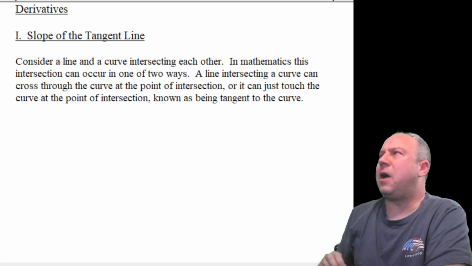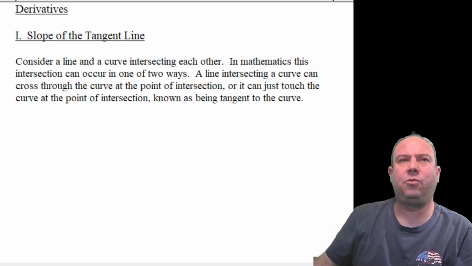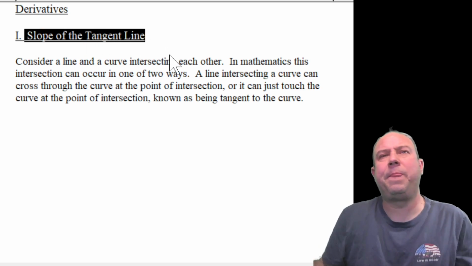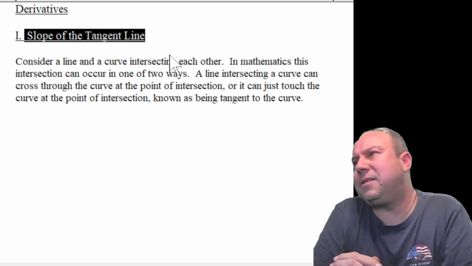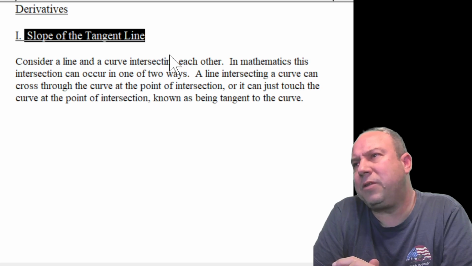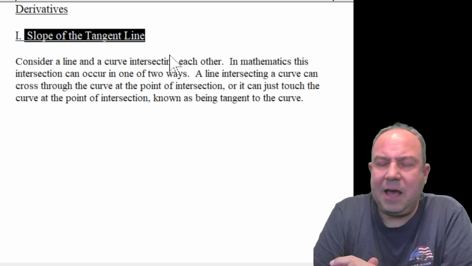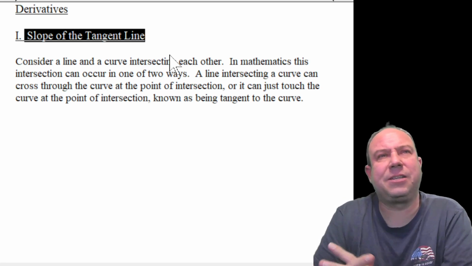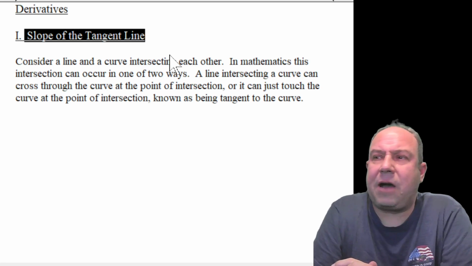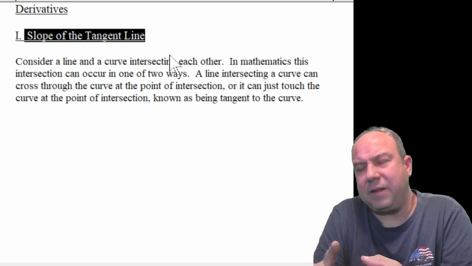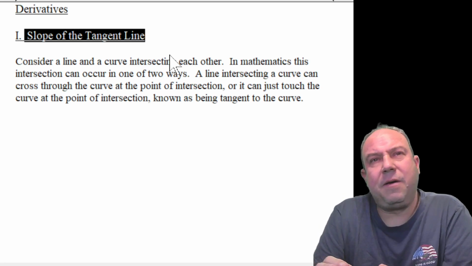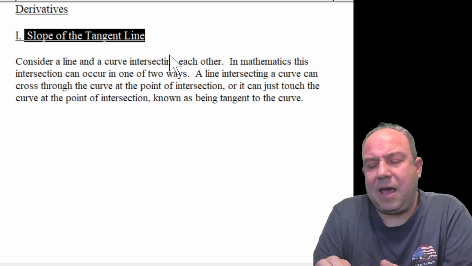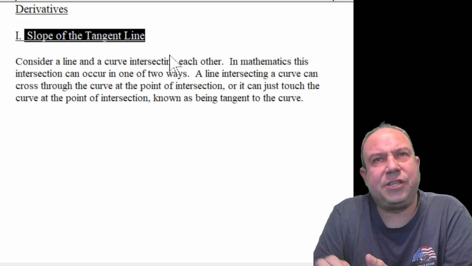Now, where this study begins is with the topic on the board here, on my note sheet. That is the concept or calculation known as the slope of the tangent line problem. This is a classical problem for calculus students. Every calculus student looks at this problem and studies it.